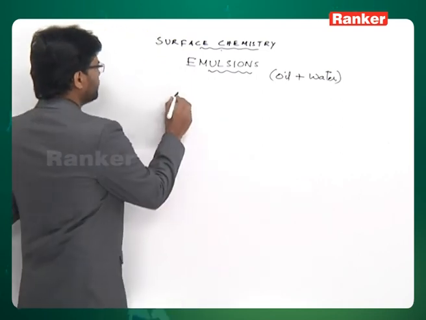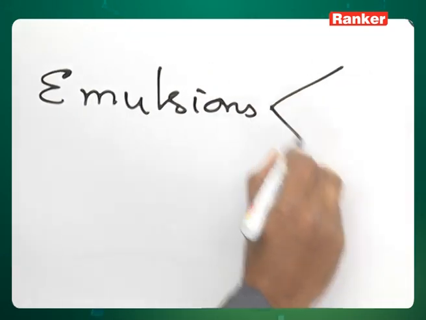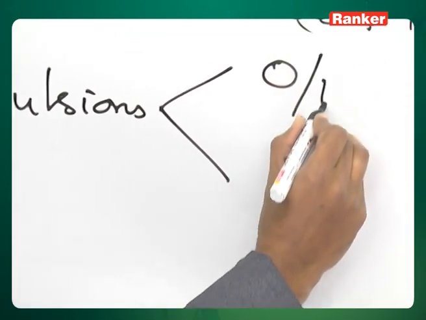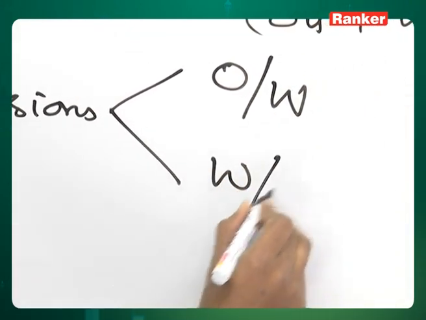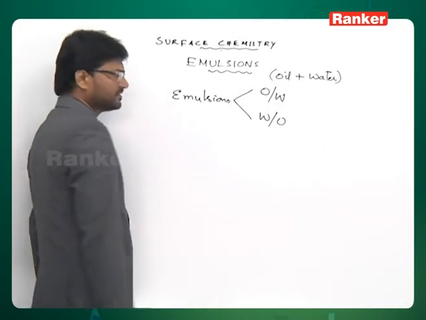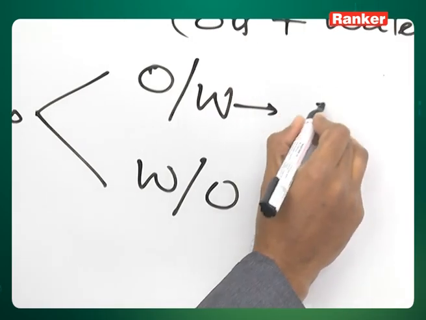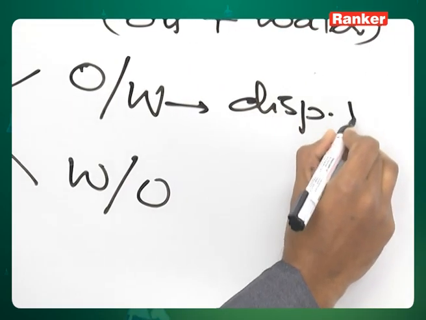Now, emulsions are classified into two types: oil in water emulsion and water in oil emulsion. Here the dispersion medium is water.